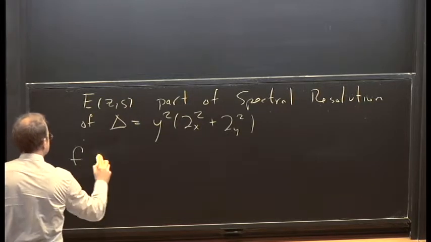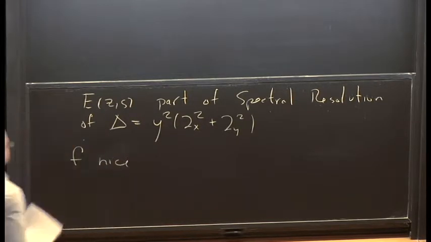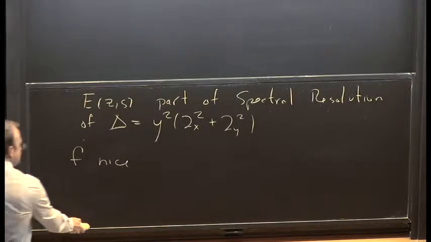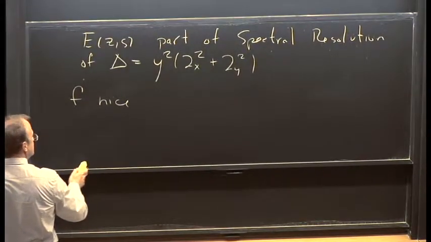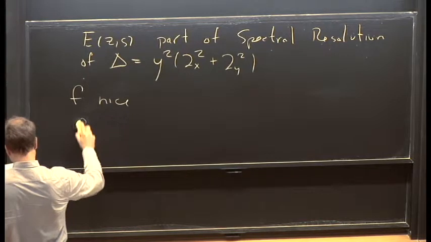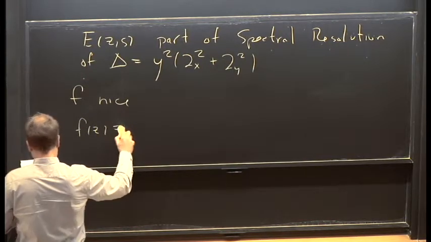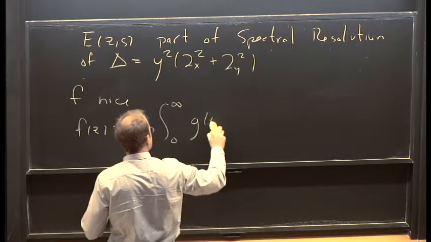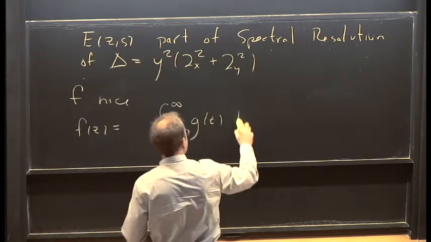So if f is nice, meaning, well, suppose it's really nice, compactly supported and smooth, then you can give basically a spectral expansion of it. And this will involve an integral against the Eisenstein series of some transform, which I won't specify.